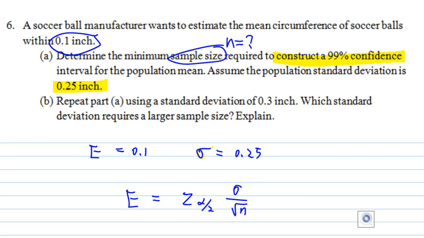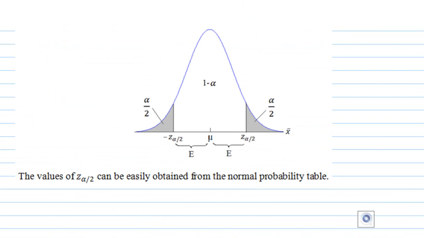We go back to the diagram again. So we are going to get 99% in the middle area. So we are left with 1%, evenly distributed to the tails. So this is 0.5%, and the other end 0.5%.